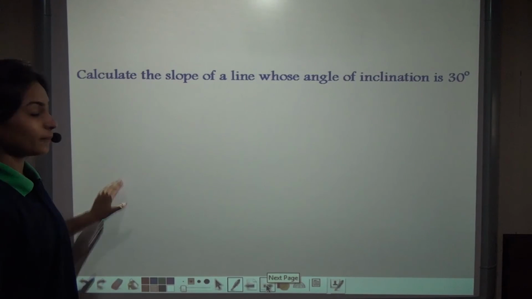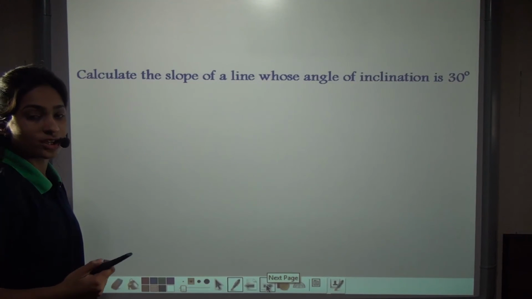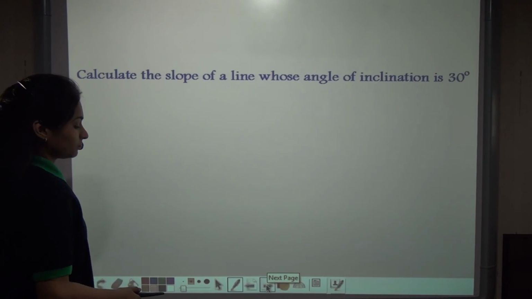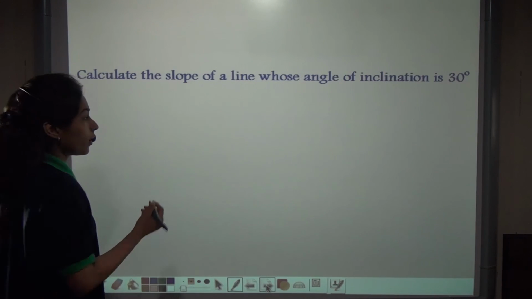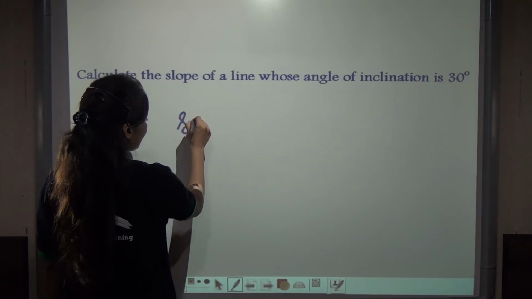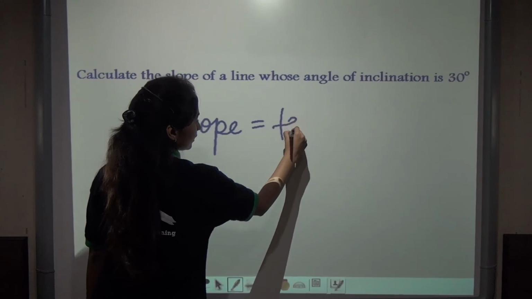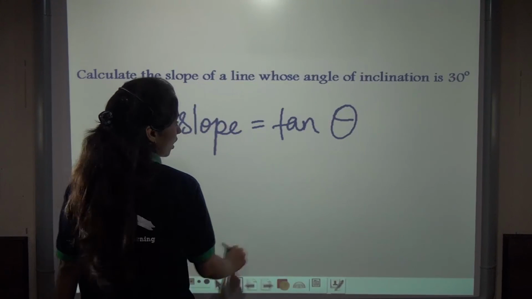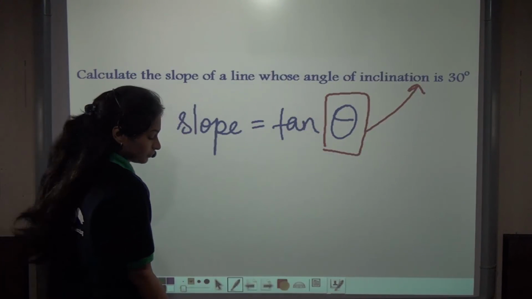Now can you do this for me? Calculate the slope of a line whose angle of inclination is 30 degree. Do it. Now we know that we can calculate slope by using the trigonometric function tan. Slope is equal to tan theta, where this theta is the angle of inclination.